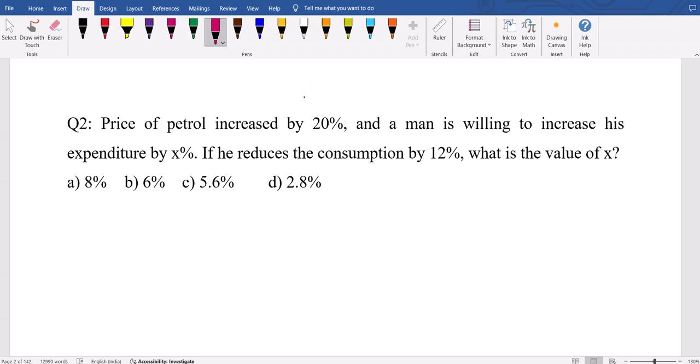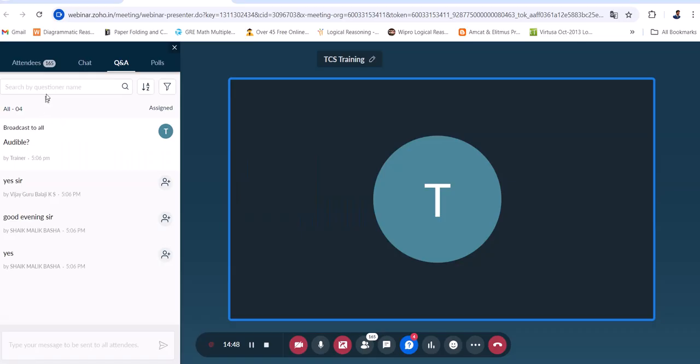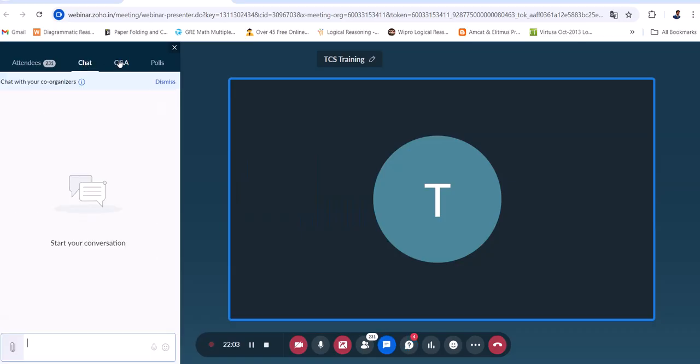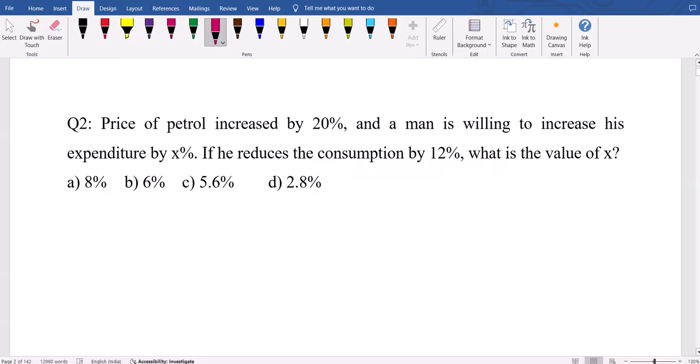Expenditure is price into consumption. Expenditure is directly proportional to price, and expenditure is directly proportional to consumption as well. When price increases, expenditure will increase. When consumption decreases, expenditure will decrease. Now here, the scenario is price increased by 20, consumption decreased by 12, expenditure increased by how much percentage, right?